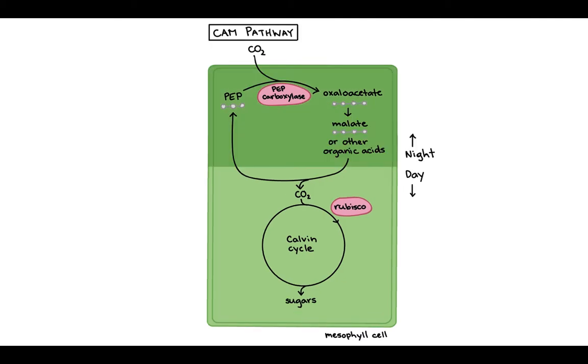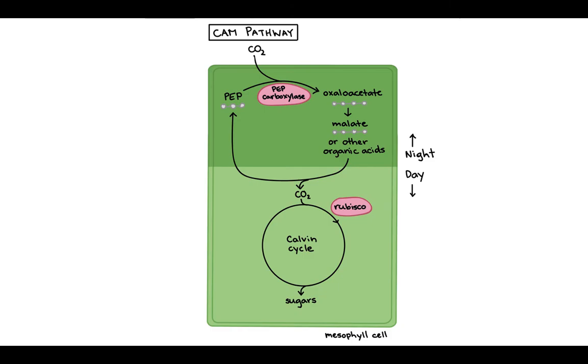Lastly, there's the CAM pathway. In the CAM pathway, we also again have that same secondary enzyme, the PEP carboxylase, which is forming carbon dioxide together with PEP into a 4-carbon oxaloacetate, which then gets changed into a malate, also a 4-carbon. In some plants, there are other organic compounds with 4 carbons involved in them, other than malate.